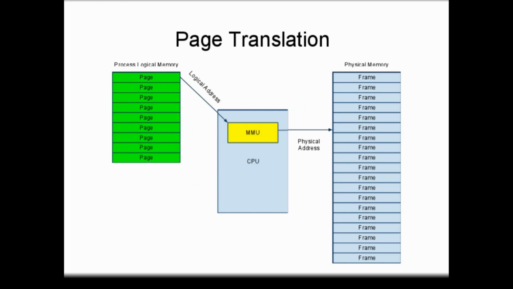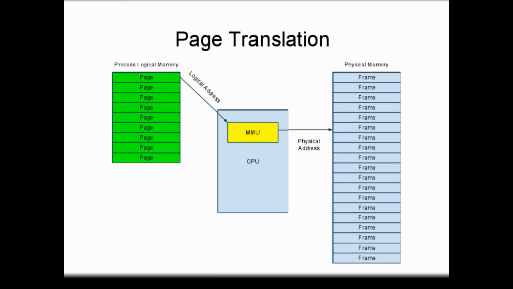The key to making page translation efficient is that the CPU contains special hardware called the Memory Management Unit, or MMU, which performs the translation operations. In this diagram, the process accesses memory using logical addresses, which are divided into pages. When requests are made using these addresses, the Memory Management Unit on the CPU translates the logical address into a corresponding physical address.